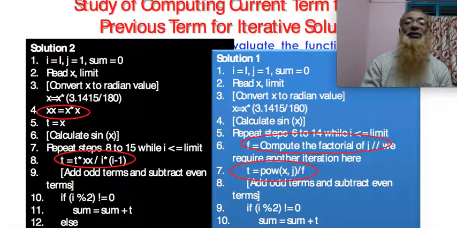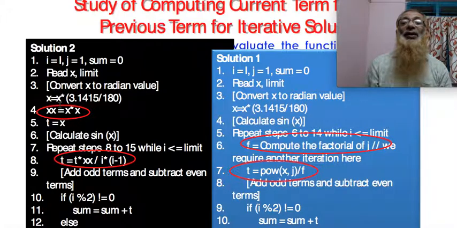How are these two heavy computational aspects eliminated in the revised solution? See here, x square by I into I minus 1. Here we see that x square is a constant term and it is loop invariant.